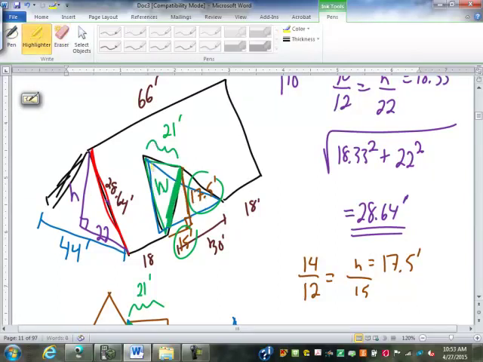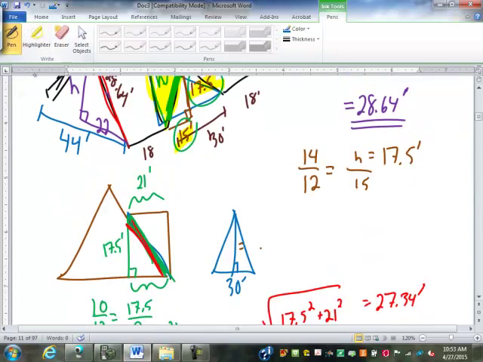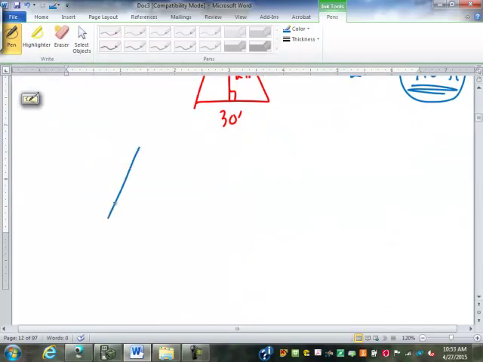Now we're going to come back and find this side of the dormer here. We know this is 21. We need to find this length here, which is going to be from the 15 and the 17.5, right? Make sense? Now we're back to what you were trying to do before. This was 30, so this is 15, and this is 17.5.